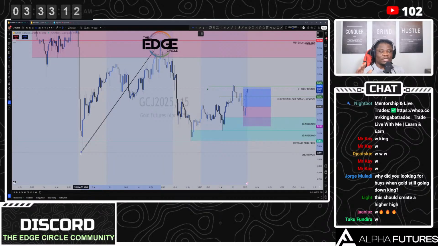That tells you we're potentially looking at bullish momentum right now, because this high was able to take out its own low.